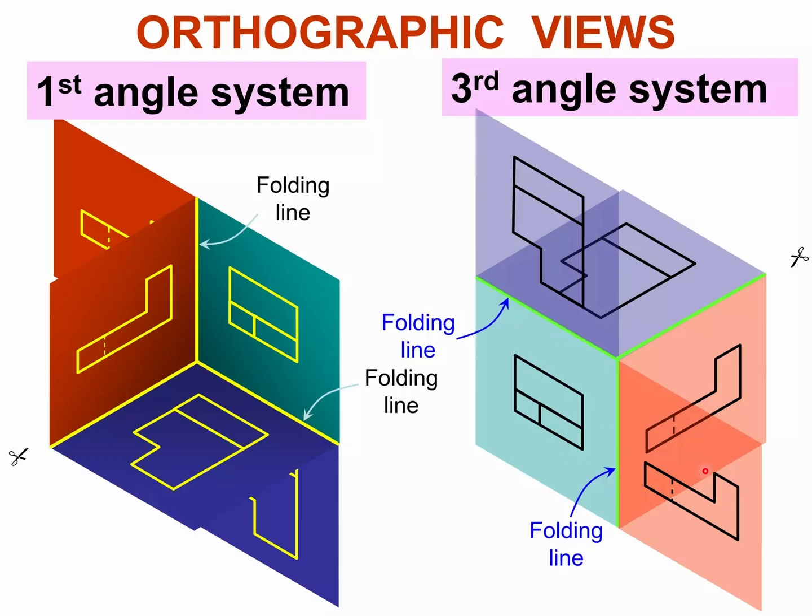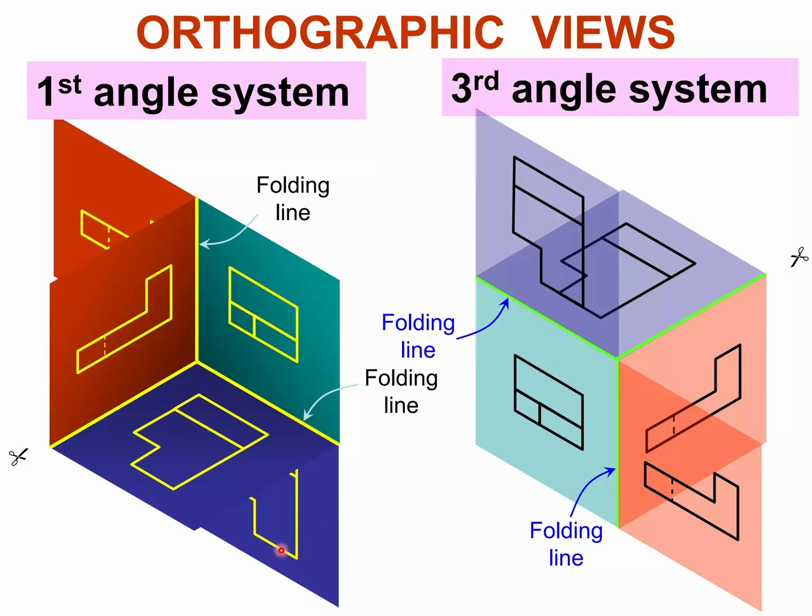Now, third angle screwed me up for the longest time because you don't really look at it directly. You're looking at the reflection on the inside panel. So front side is here, but when you look at the top, you're looking down this way, and when you rotate that down, it's on the bottom.